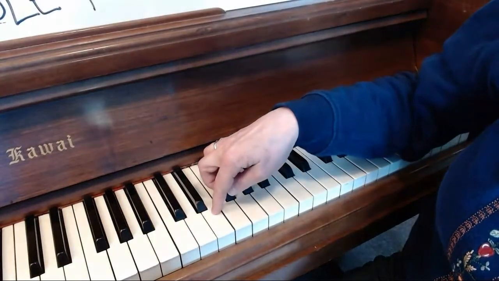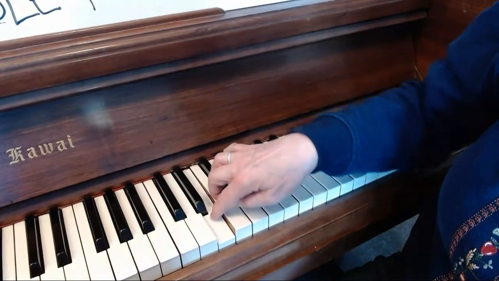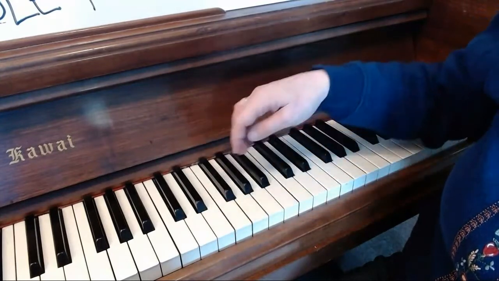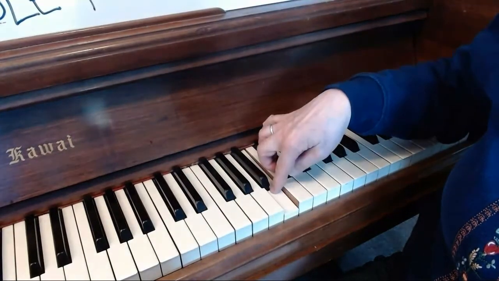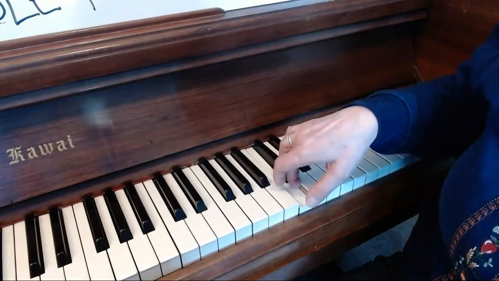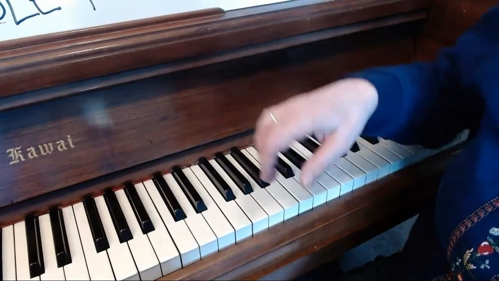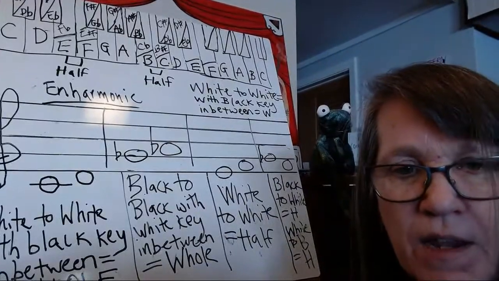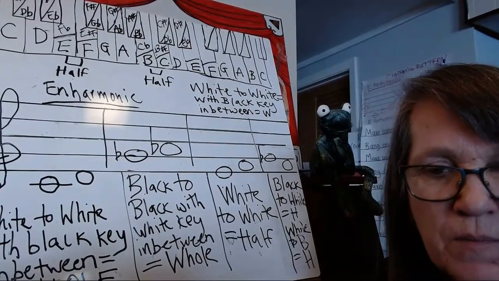But if we're on E, which doesn't have a black key, a half step is F. And a half step above B is C.